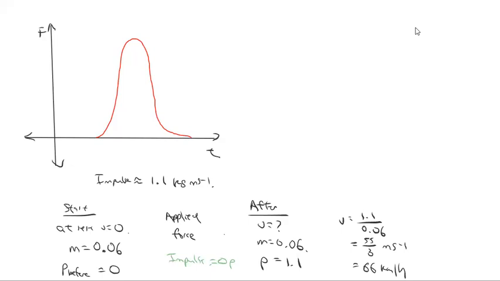They didn't ask you to convert that, but I'm just converting it to give you an idea if that functions better. Does that make sense? Cool. Good. And so that's how you do that impulse question.